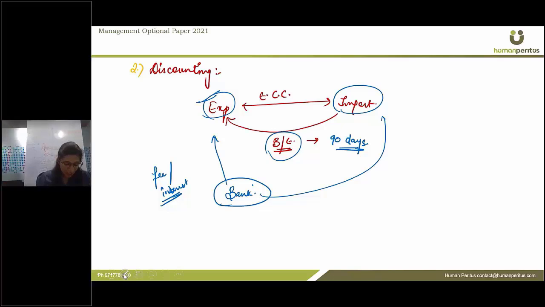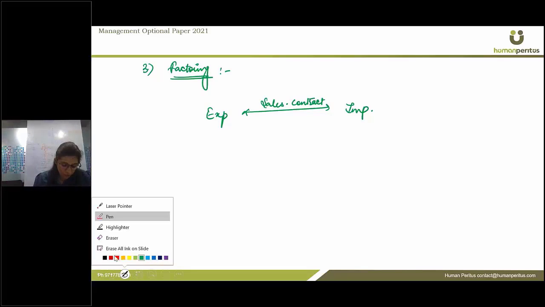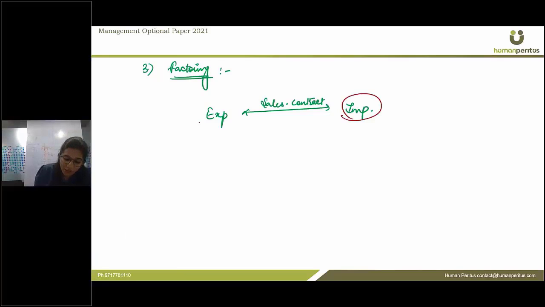Now the next one, the third one, is factoring. Similarly, whenever the exporter and the importer sign the sales contract, there is a maturity period in the contract, after which the importer is supposed to pay the exporter the required amount.